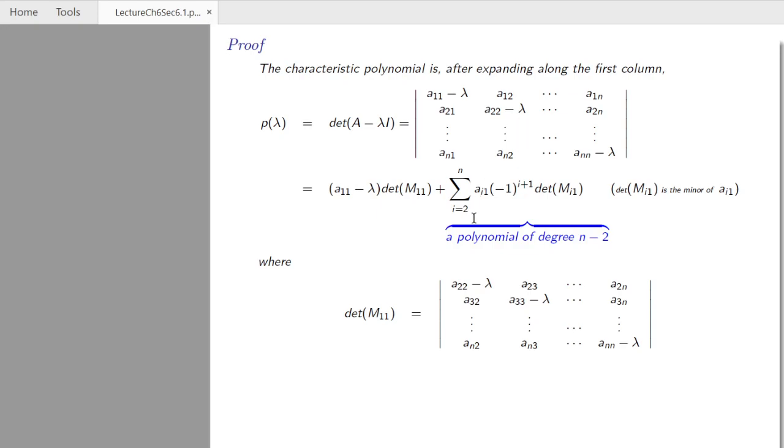Now, the first term here, A11 minus lambda, has lambda to the power 1, and the determinant of M11 is a polynomial of degree n minus 1. So putting this together, we get lambda to the power n. Then the rest of the terms are just a polynomial of degree n minus 2.